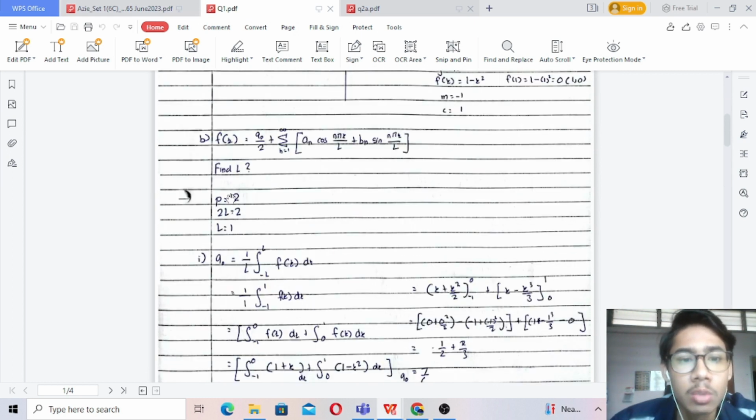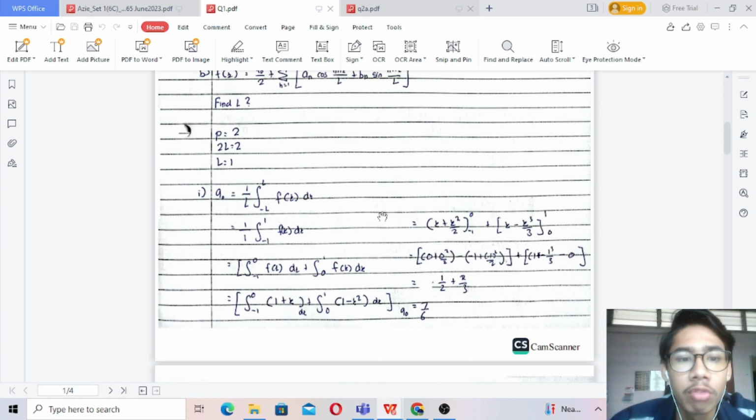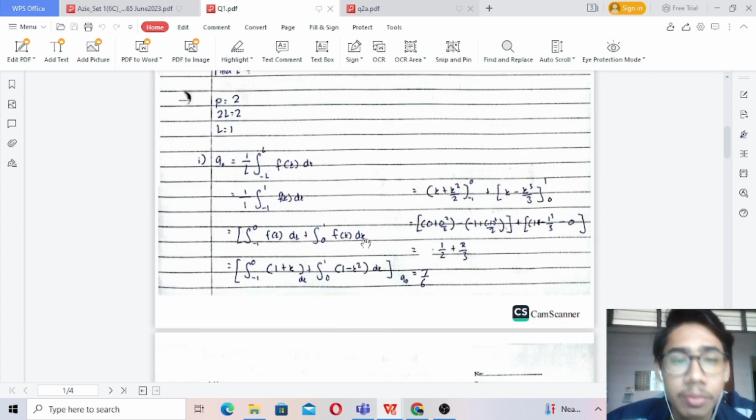As I mentioned before, L equals 1. The first thing we have to find is a naught, whose formula is 1 over L times the integral from negative L to L of f(x) dx.